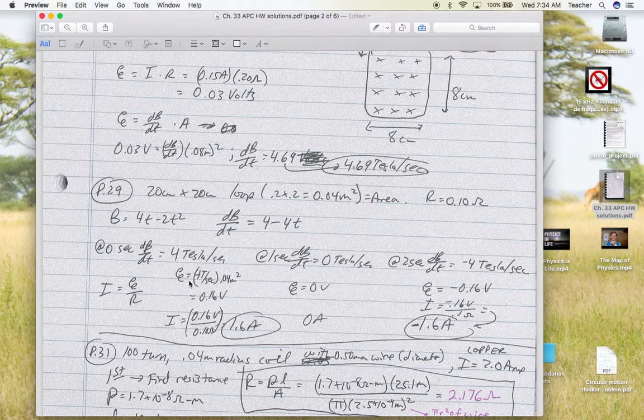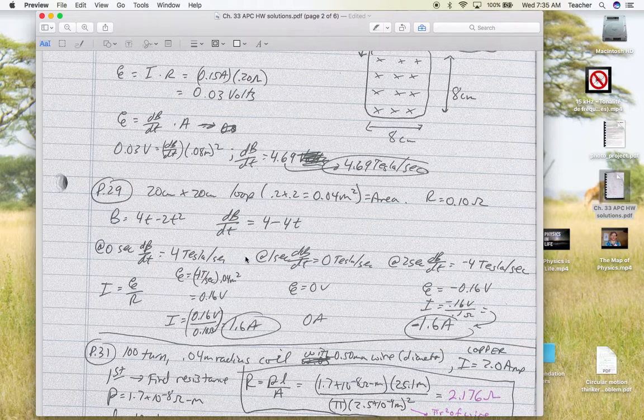So 4 Teslas per second. Basically that's 4 minus 4 times 0, which is 4, times the area. Here at 1 second, 4 minus 4 is 0. Here 4 minus 8 is negative 4.